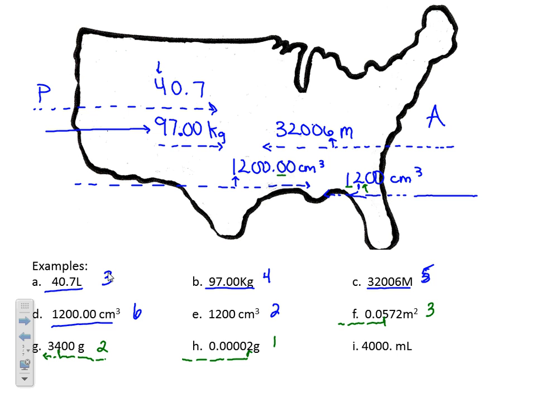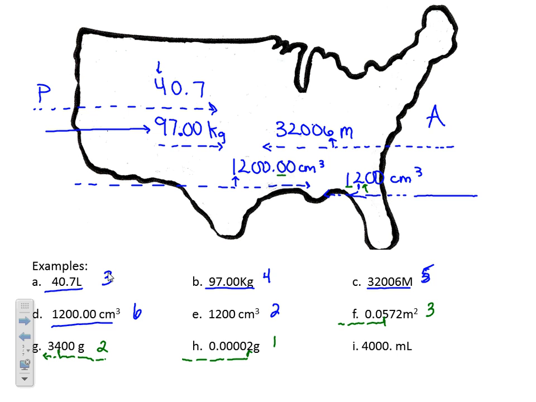So remember the other day when we talked about how if things are good at measuring small masses, they're probably not very good at measuring large masses. And things that are good at measuring large masses, like the scale that's weighing the trucks on the highway, are not good at measuring small masses. So that's why this number only has 1 significant digit, even though the precision of the tool, or the accuracy of the tool, is really, really good.